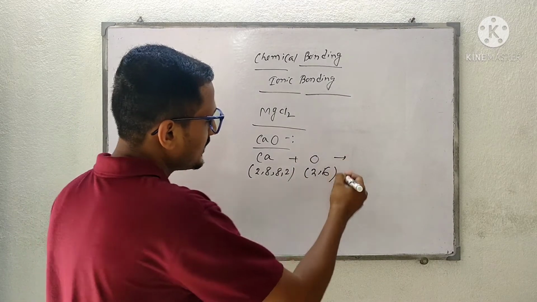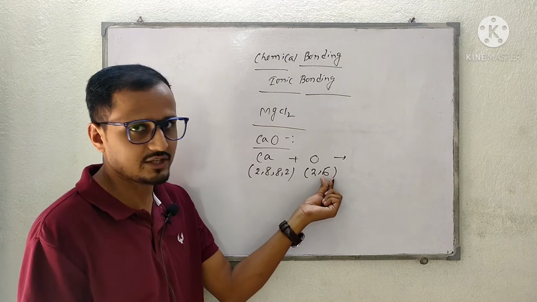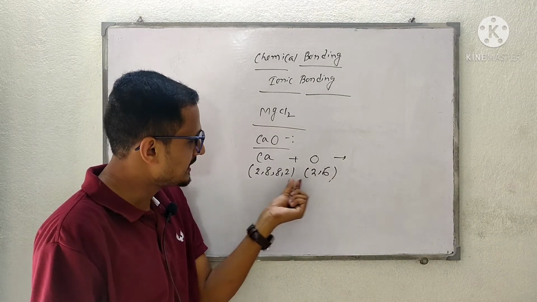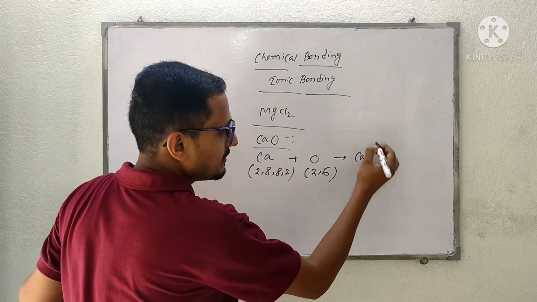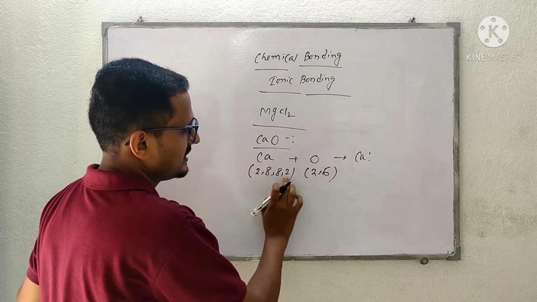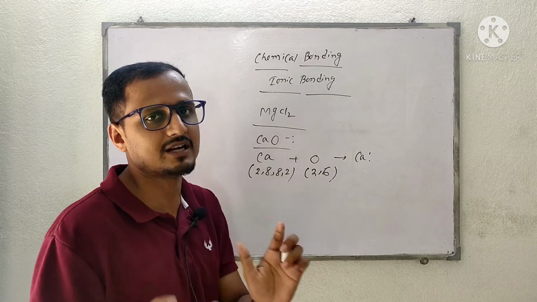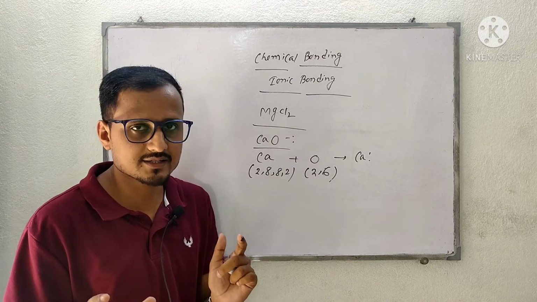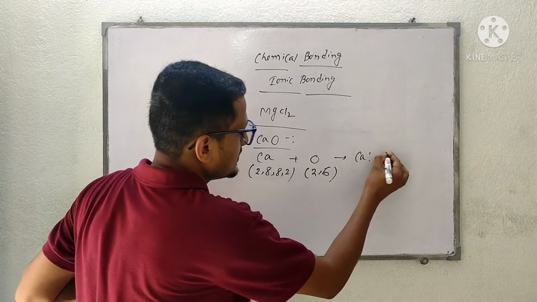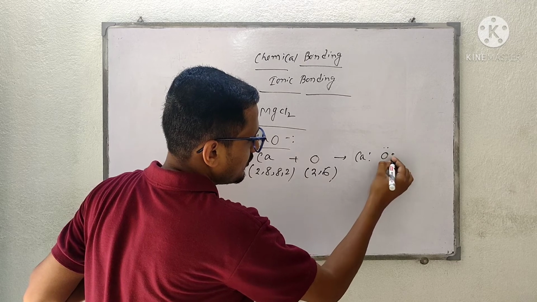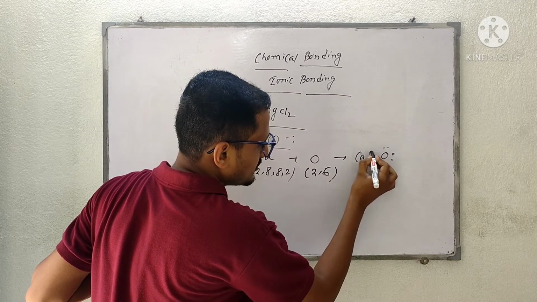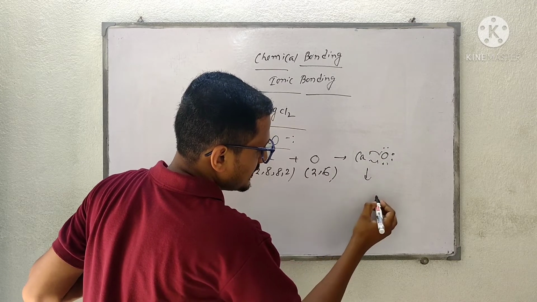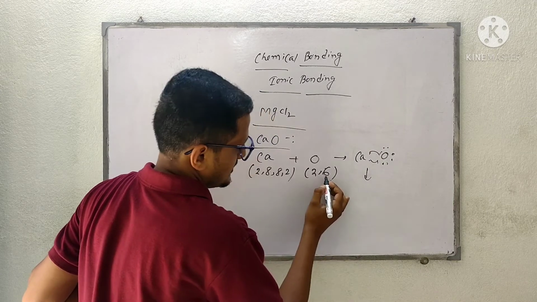Now if oxygen gets 2 electrons, it will be stable, and if calcium releases 2 electrons, it will be stable. We have to show the outermost electrons here, because these are the valence electrons. Only valence electrons participate in the chemical reaction or bonding. Oxygen here also 2, 4, 6. Now if this oxygen gets 2 electrons, then it will have an octet.